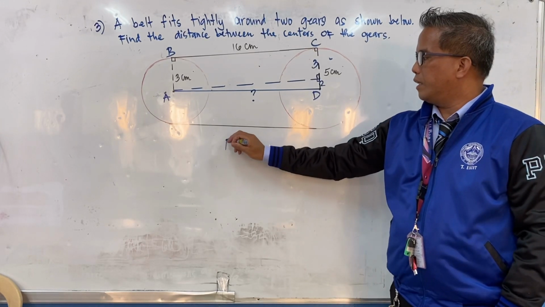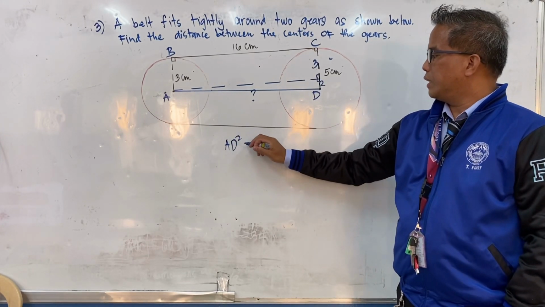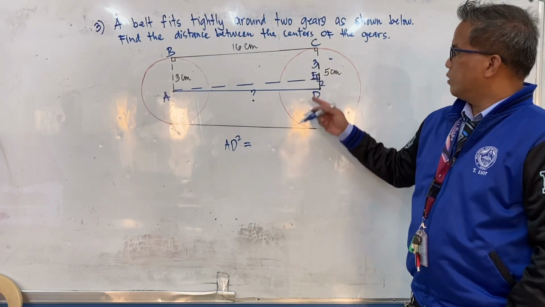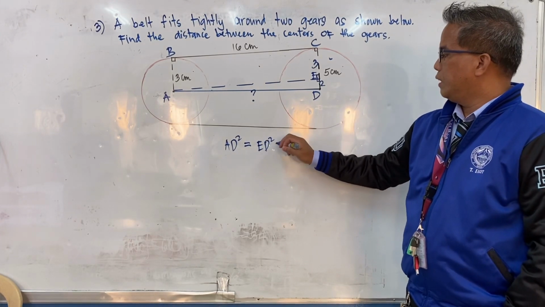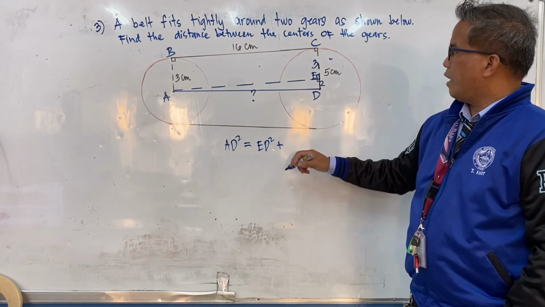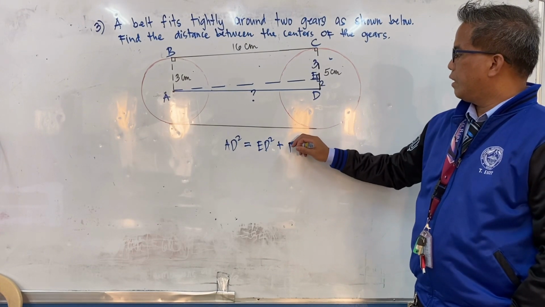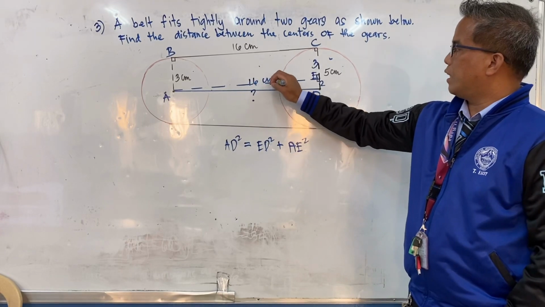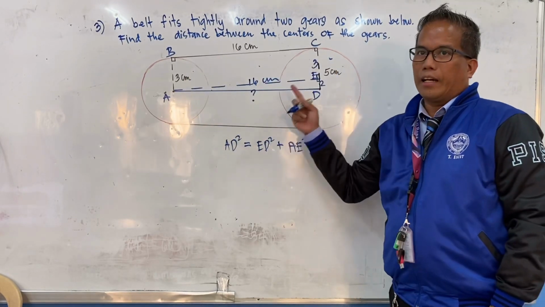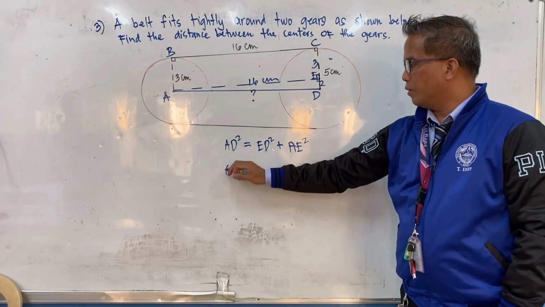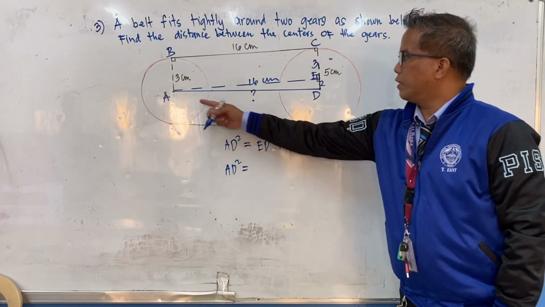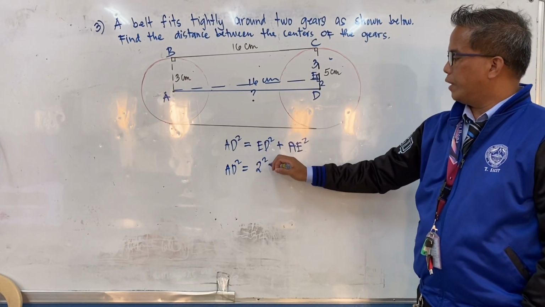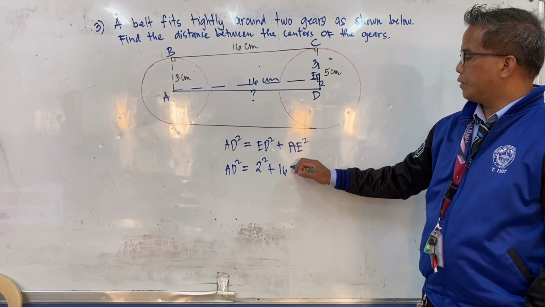So we have AD squared is equal to, let's say this is point A, the 2 squared plus the other side squared. This is also equal to 16 cm because this is a rectangle. So AD squared is equal to 2 squared plus 16 squared.